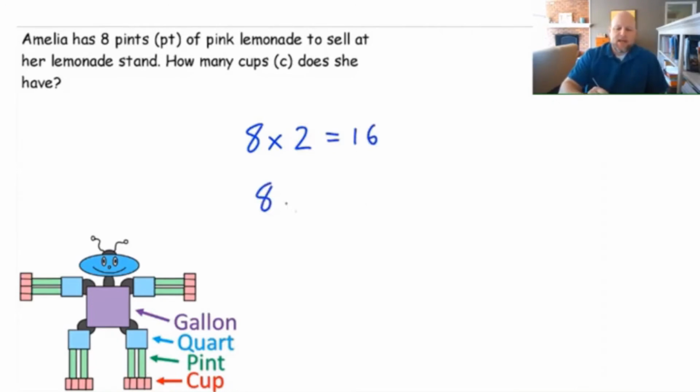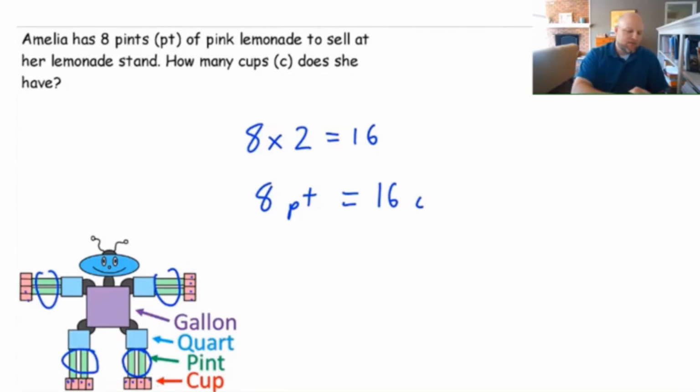So 8 pints equals 16 cups. We could count these to make sure. We have 8 pints and 16 cups. We are correct.